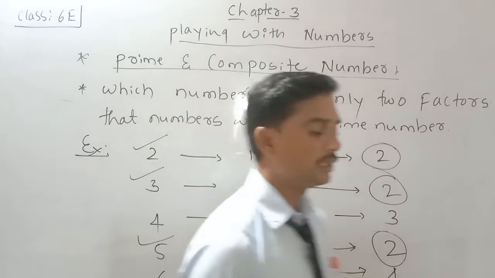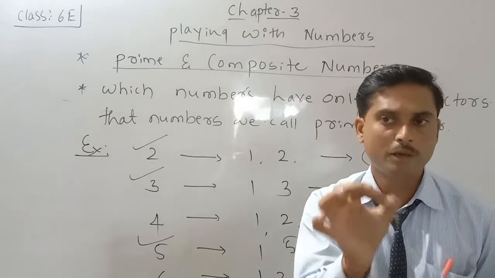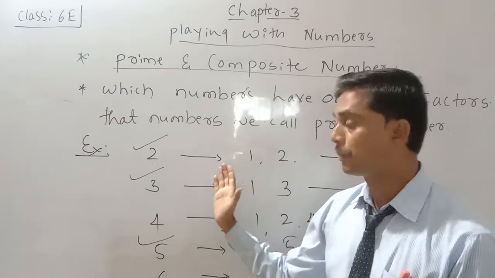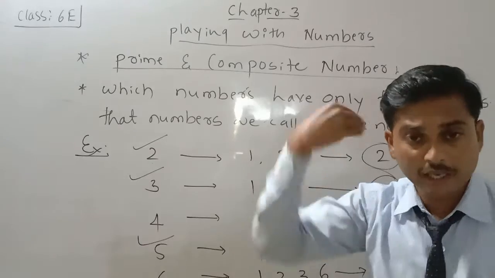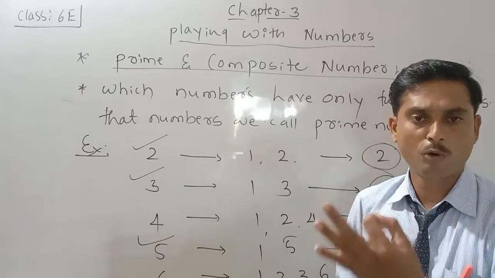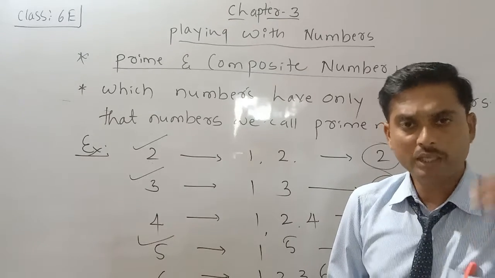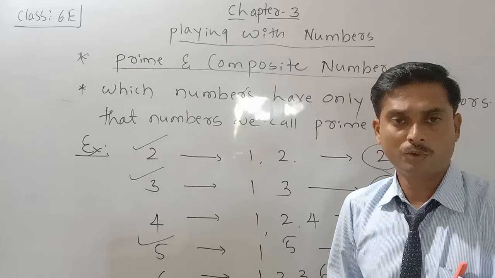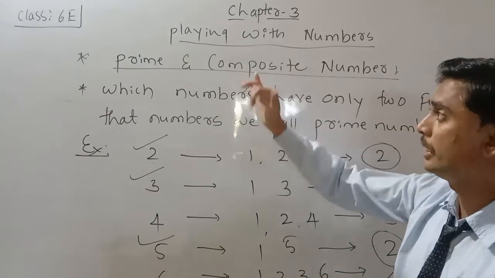Remember, dear students, which number has only 2 factors, that number we call a prime number. And which number has more than 2 factors? More than 2 factors, those numbers we call composite numbers.